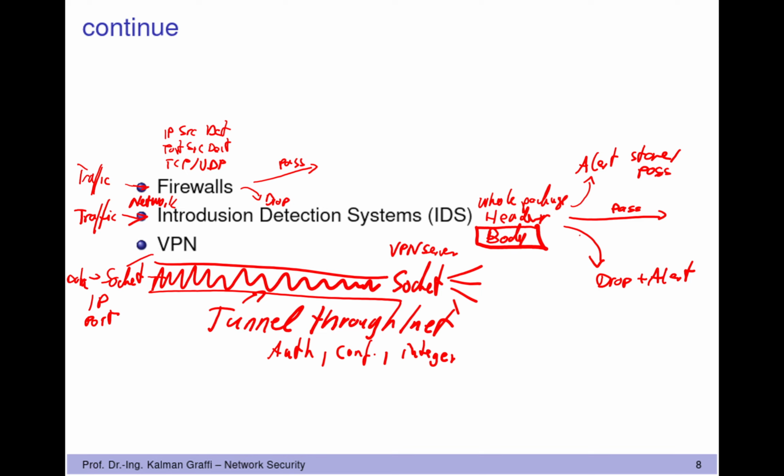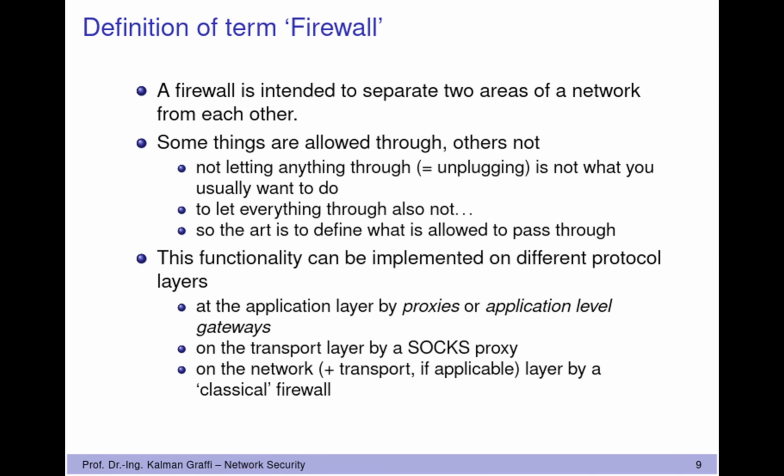So let's have a look step by step, starting with the firewall. The firewall, again, is a filter. It separates two areas of the network from each other, and it has mostly two options to achieve this: some things are allowed through, others not.